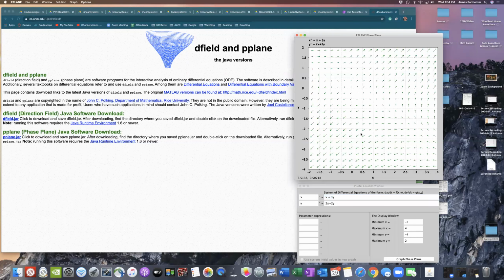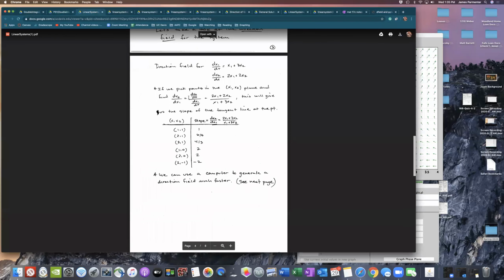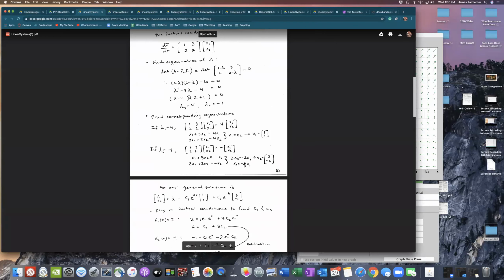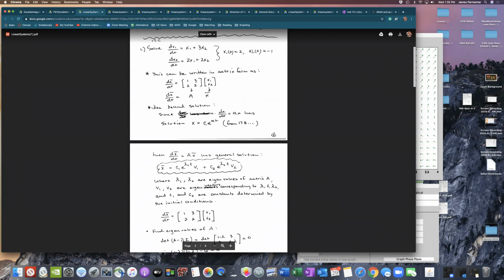Then if we click on the little thing to graph it, it gives you all of these little arrows, but you can also click on it. When you click on it, it'll tell you the behavior for a particular initial condition. So looking back at the initial condition of x1 at 0 equal to 2 and x2 at 0 equal to 1, or basically x equals 2 and y equals 1.